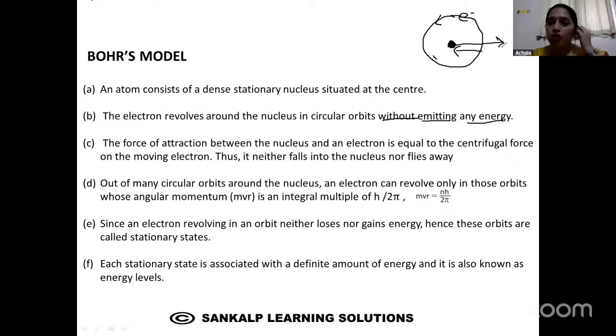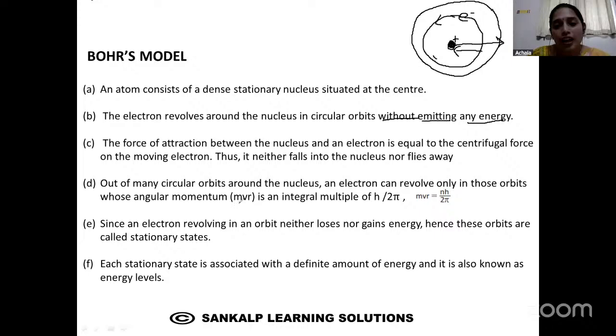Then, there are many circular orbits. Out of these many circular orbits, he says an electron can revolve only in those whose angular momentum, mvr, as studied in physics, is an integral multiple of h by 2 pi.